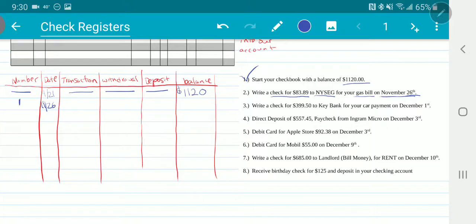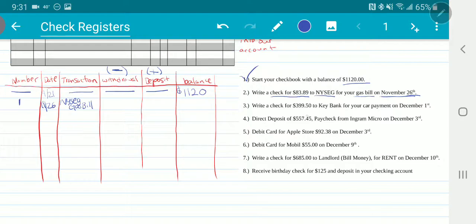My transaction is what's happening. I am paying NYSEG for the gas bill. Now we have to decide, is this a withdrawal or is it a deposit? Remember, withdrawal is money coming out of my account, so that's subtraction. And a deposit is money going into my account, so that's addition.